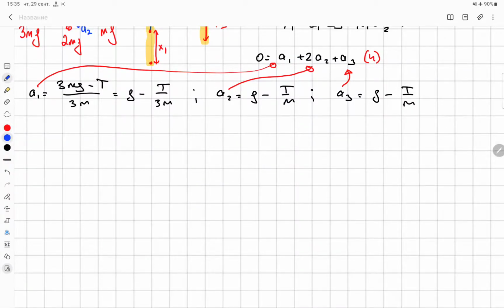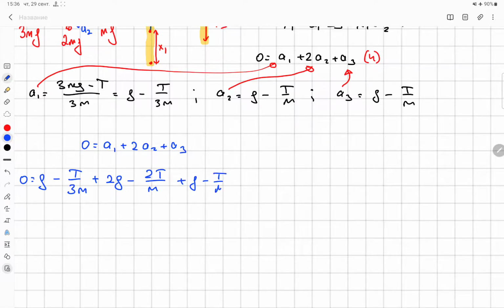So 0 equals a1 plus 2 times a2 plus a3. Let me substitute. 0 equals (g minus T over 3m) plus 2 times a2, which is 2g minus 2T over m, plus a3, which is g minus T over m.